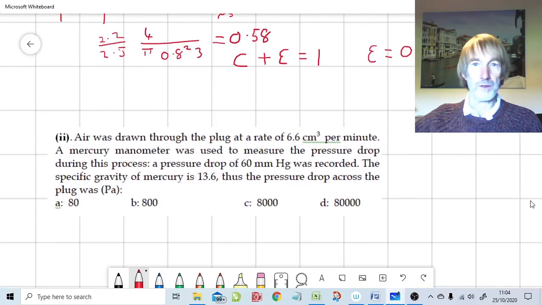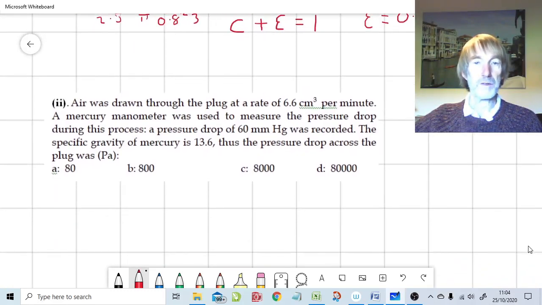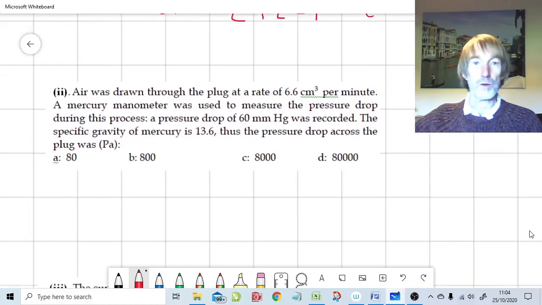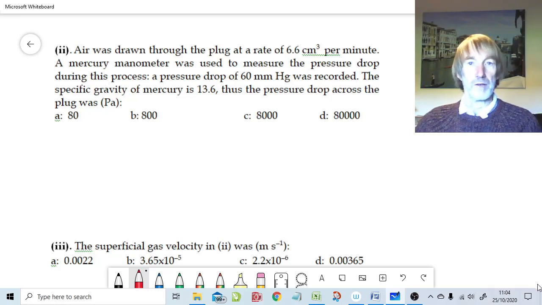So the next question is to work out the pressure drop. We're given some physical data, some of which we're going to need for a later part of the question. What's the most relevant bit that we need?